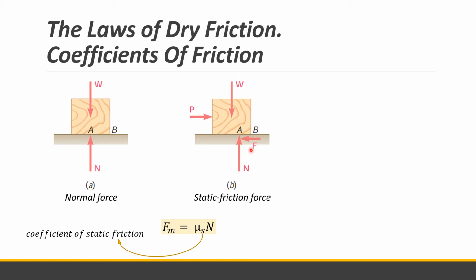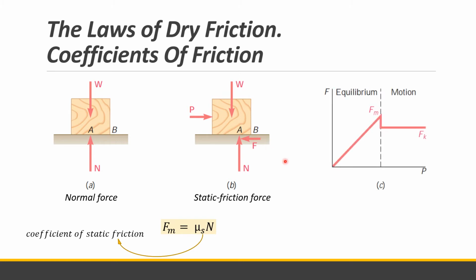coefficient of static friction. Now, given this figure, if the force P is increased, the friction force also increases, of course, because it is an action and reaction, continuing to oppose P. The opposing force for P is F, until its magnitude reaches a certain maximum value, which is Fm. When you are pushing a block, there is a certain maximum value where, once it is met, your motion will start.